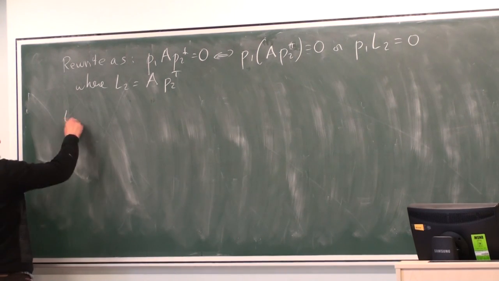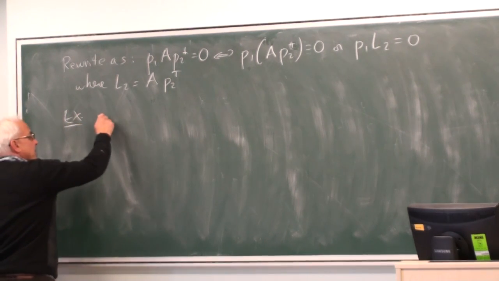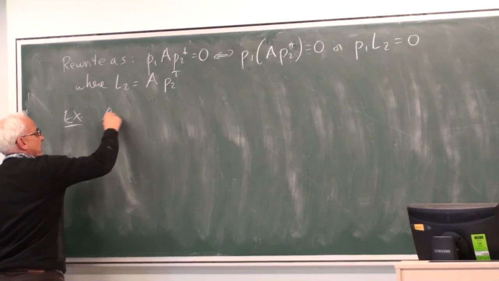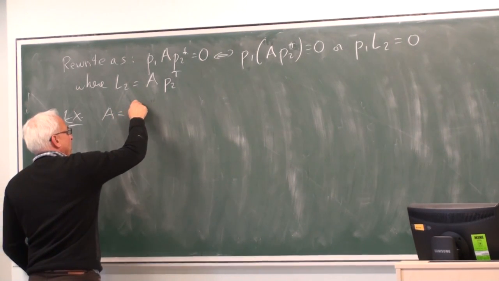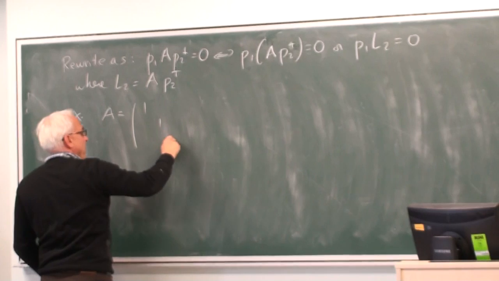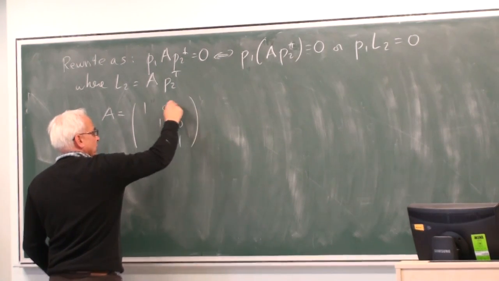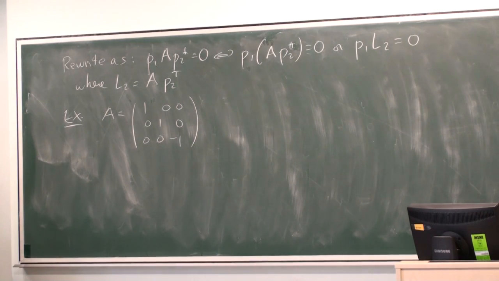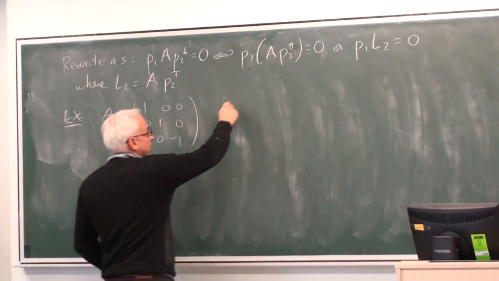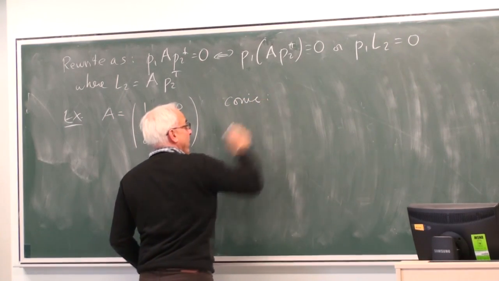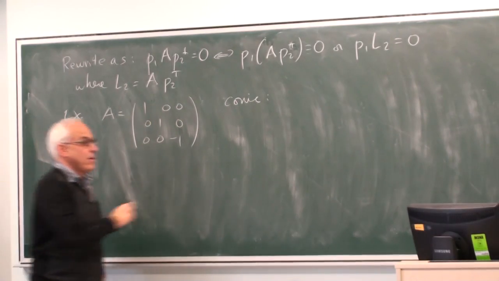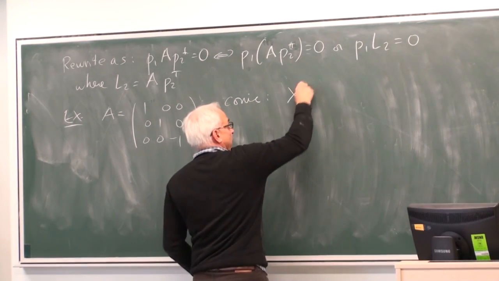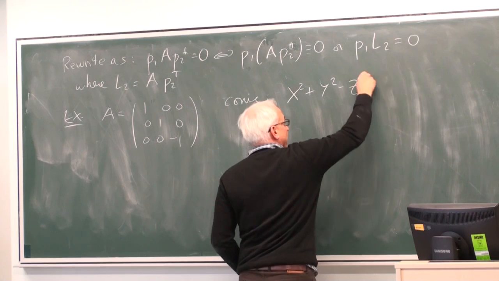Let's have a look at an example. So let's do the simplest case, perhaps, when A is the matrix 1, 1, minus 1. That's actually the relativistic story. And the associated conic is x squared plus y squared minus z squared equals 0.